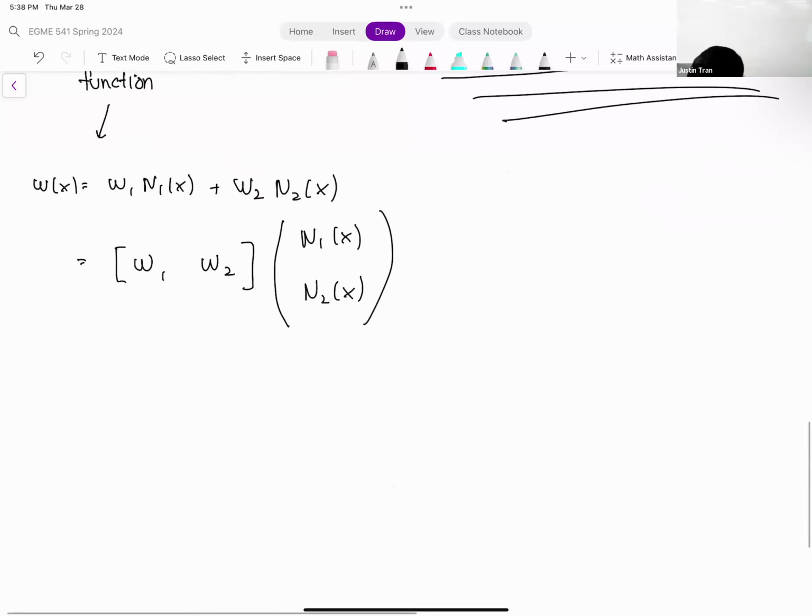All right. So the last term that we had in our weak form was actually a boundary condition term.